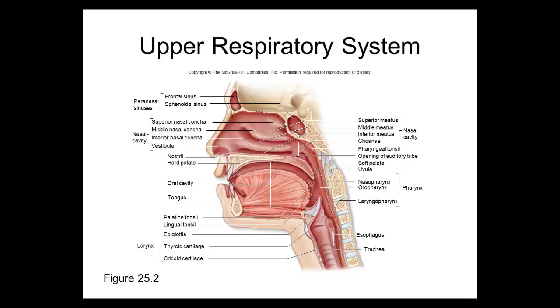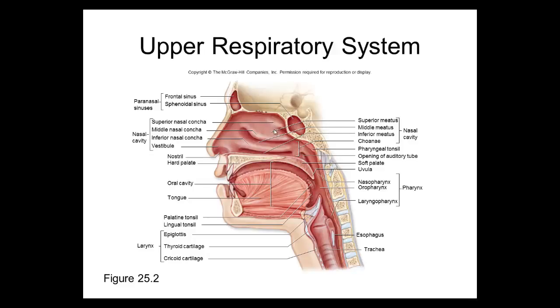The mucus lining, of course, will adhere to most of the particles that get in. Keep in mind that the part near the cribriform plate of ethmoid is not lined with the respiratory epithelium. That will be where the olfaction is, as we studied in chapter 19.